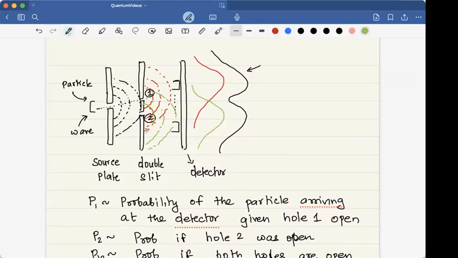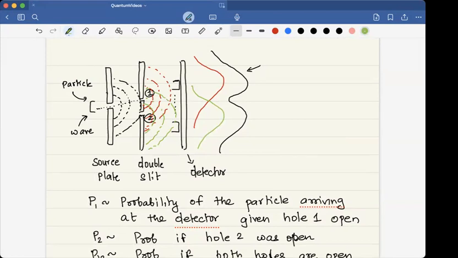gets created into two wave fronts from hole 1 and hole 2, and they interfere with each other. And therefore the distribution when hole 1 and hole 2 are open is different because the two waves interfere. The one given by the red and the green one interfere with one another.